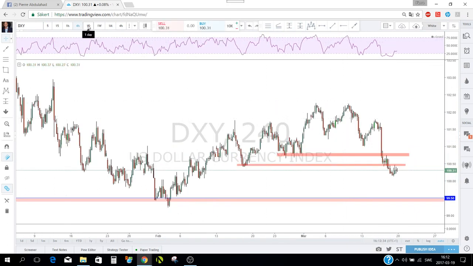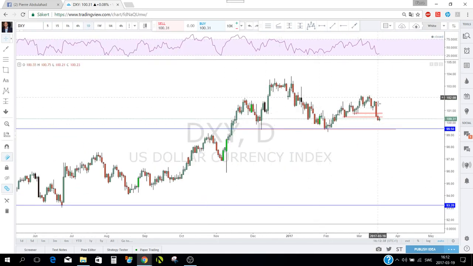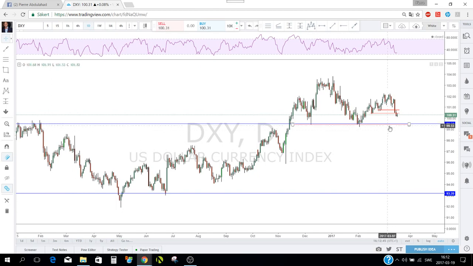short-term continuation for short on the dollar, I think, because this major move was clear strong down momentum, but this level is still a very important level.